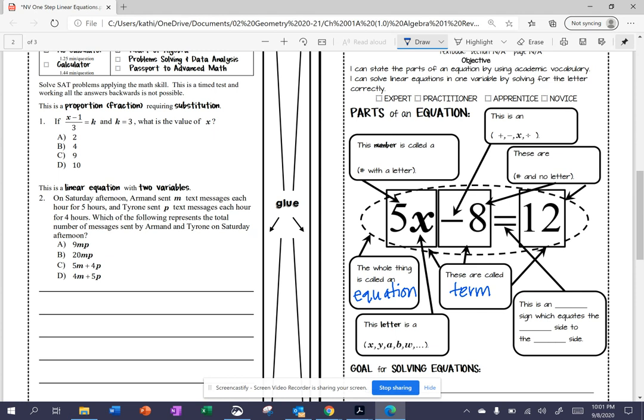Between the boxes are the operators. These are plus, minus, multiply, and divide. An equal sign equates the left side to the right side.